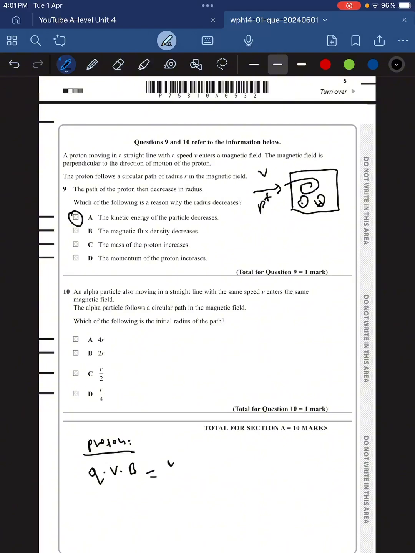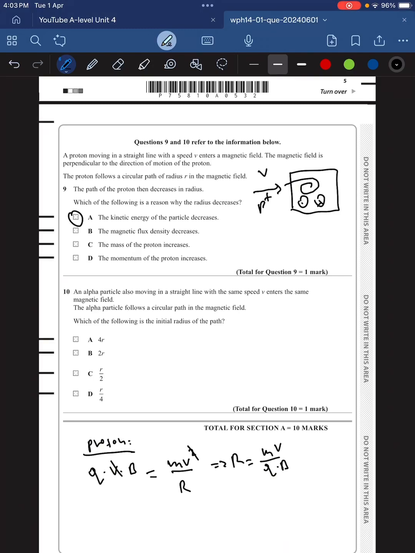And this force should be the centripetal force because it undergoes circular motion where the velocity is tangent to the path pretty much, okay? So that's equal to mv squared over the radius. So this velocity cancels, and therefore the radius, we find it to be m times v over q times B.